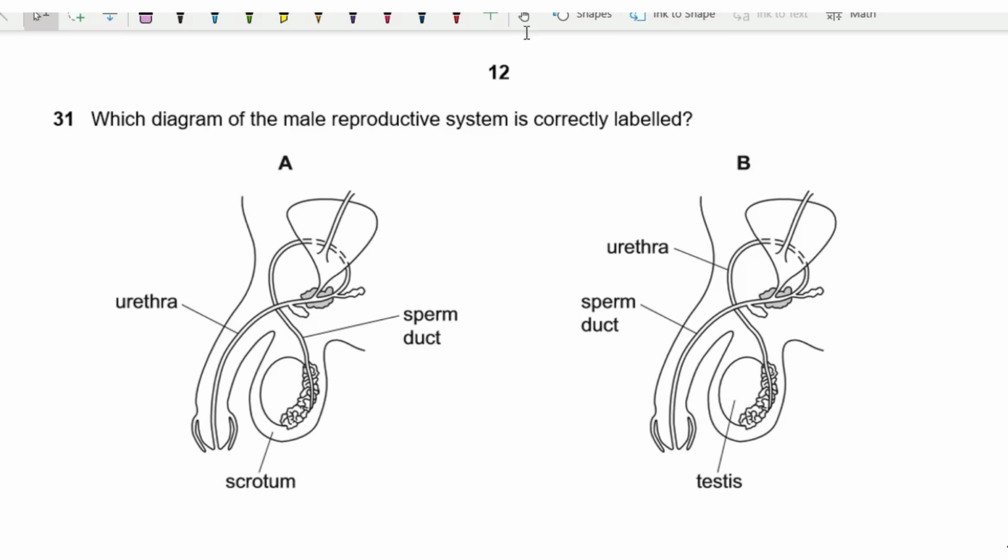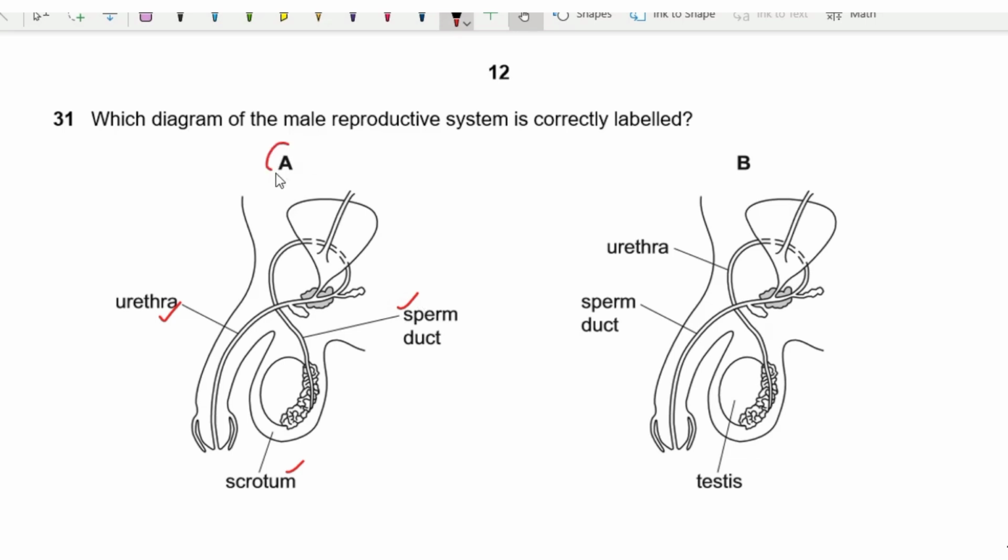Question 31 says, which diagram of the male reproductive system is correctly labeled? Which of the diagrams is correctly labeled? The urethra in option A is correctly labeled, the scrotum is correctly labeled, and the sperm is correctly labeled.